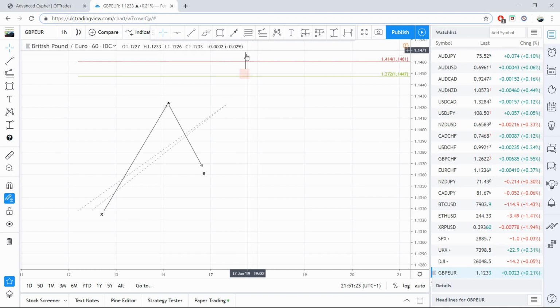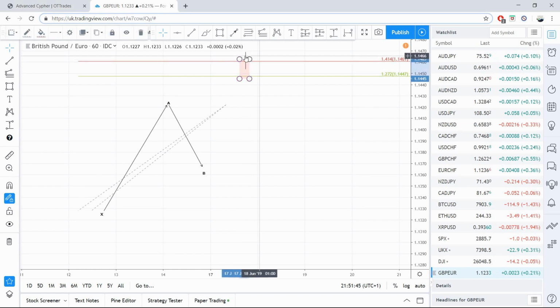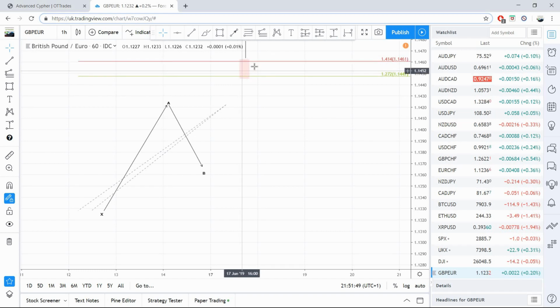But this price extreme up here is counted as the C point when you're doing your other retracements. This price extreme at the top is counted as the C point. So you don't use the close price, you use the price extreme as the C point, but it's still valid. If the price was to close above that 1414, then that is now invalid.